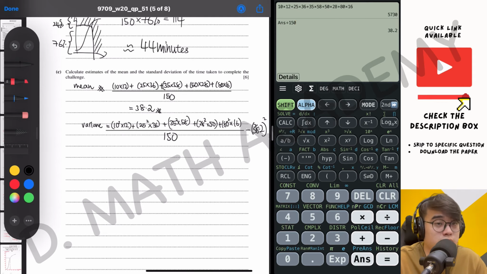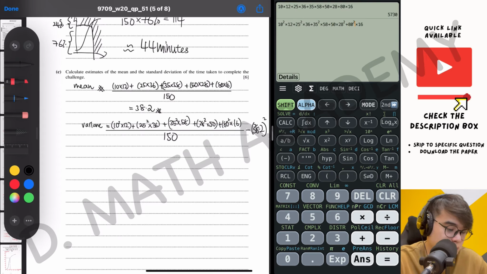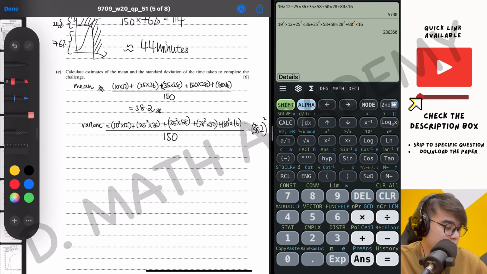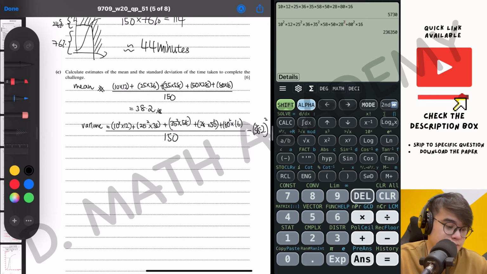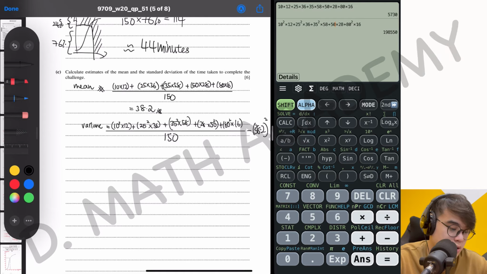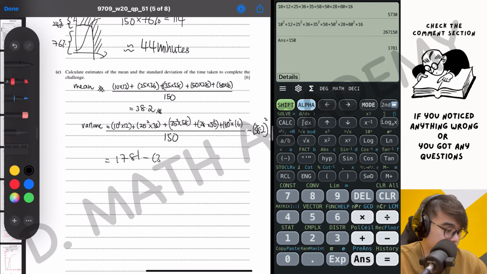So let's run our calculation now. Yeah, I think I did it wrongly. It should be 50 being squared. So please don't make the same mistake as me. And then the entire thing divided by 150, you will get 1781 minus 38.2 squared.